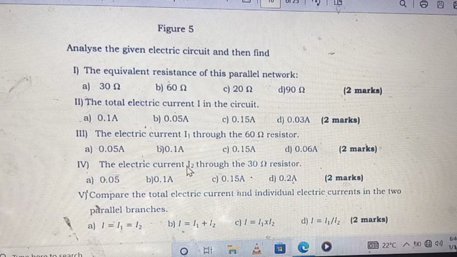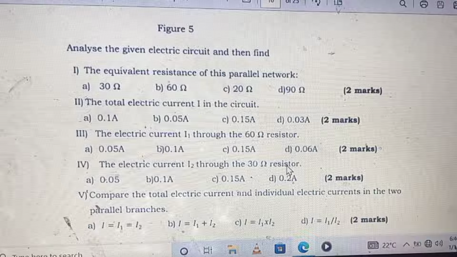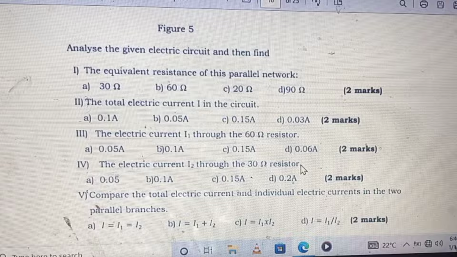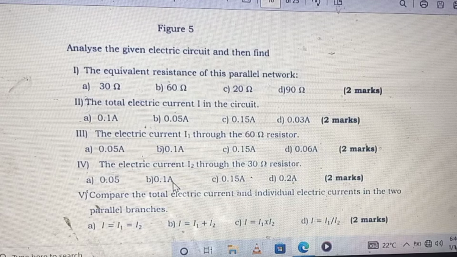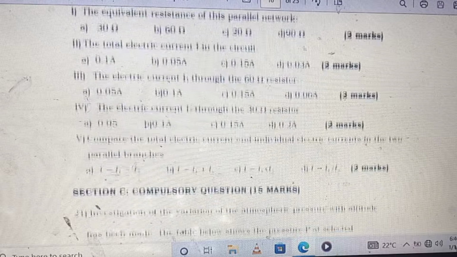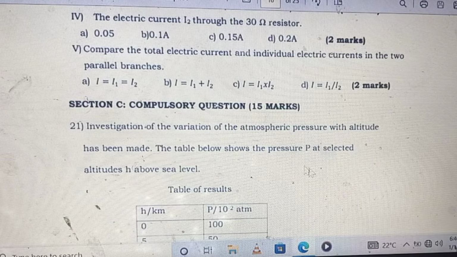IV, electric current I2 through 30 ohm resistor. The best option is B, 0.1 ampere. Next question V. Compare the total electric current and individual electric current in two parallel branches.